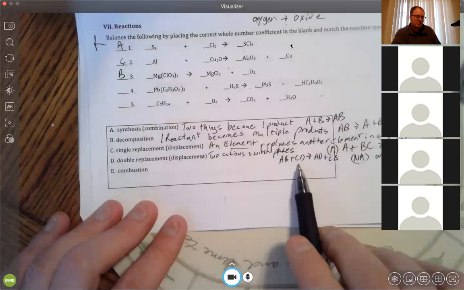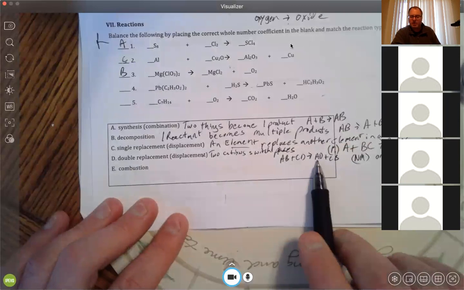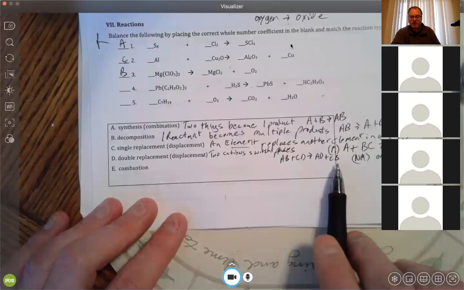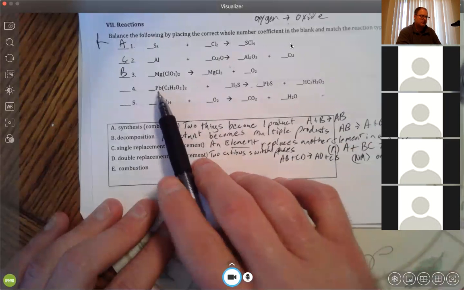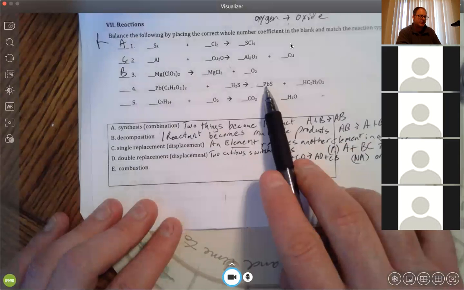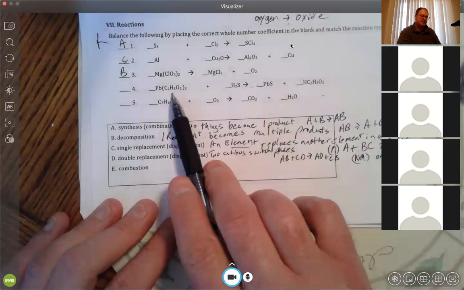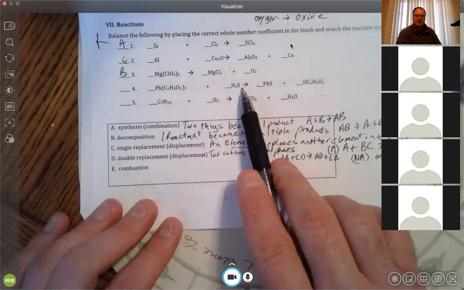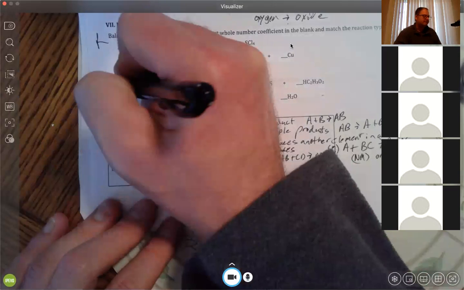Notice that the cation, which is written first, is still written first on the product side. Here we have lead, and lead has switched places with hydrogen. Lead was with the acetate, now lead is with the sulfide, and hydrogen was with the sulfide, but now it was with the acetate. So that is a double displacement.